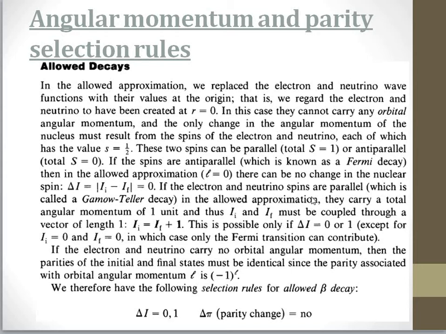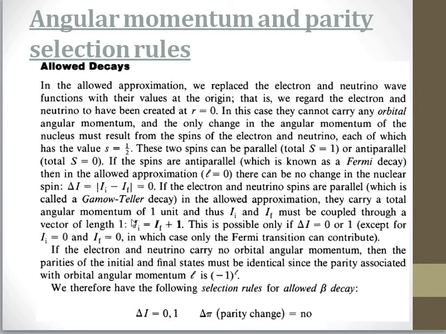So in the allowed approximation, the particles which are coming out carry a total angular momentum of 1 unit. Thus, I initial and I final must couple together through the vector relation I initial is equal to I final plus 1.